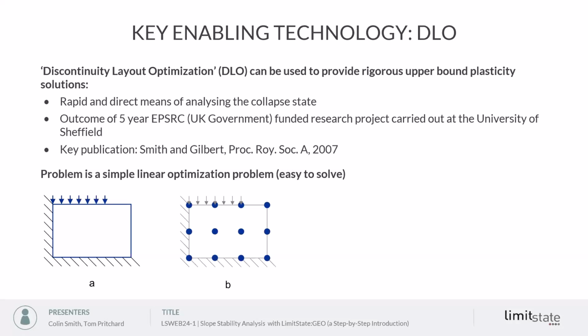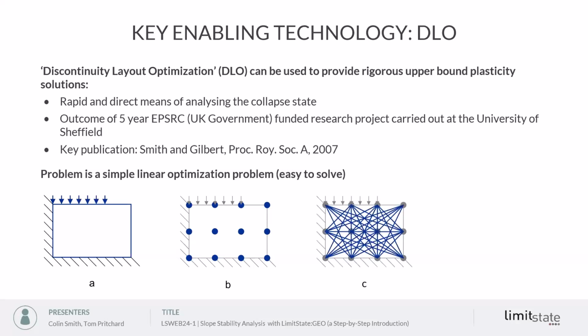What we do, it's not a finite element method, it's a method where we populate the domain with nodes. This is a 4x3 set of nodes, and we connect every node to every other node with a potential slip line. We then use optimization, very powerful optimizers, to pick out from that rich set of possible slip lines the set that form the critical collapse mechanism.